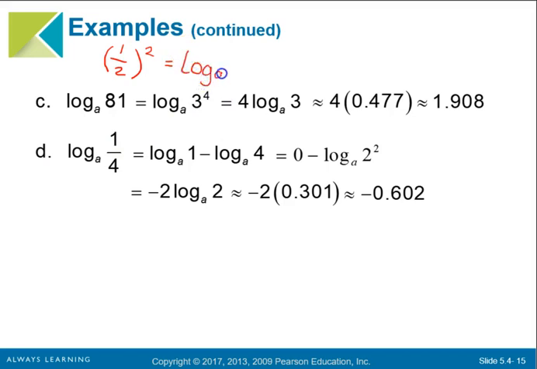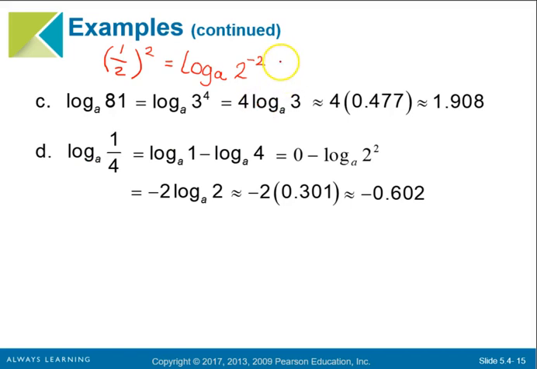Log base a of 1/2, and actually, I should probably have brought this down in front to start with. So I've got my 1/2. When I bring my denominator, I need a 2 or a 3. So I'm going to bring this denominator up, and that's going to become a 2, and it's going to be a negative 2.